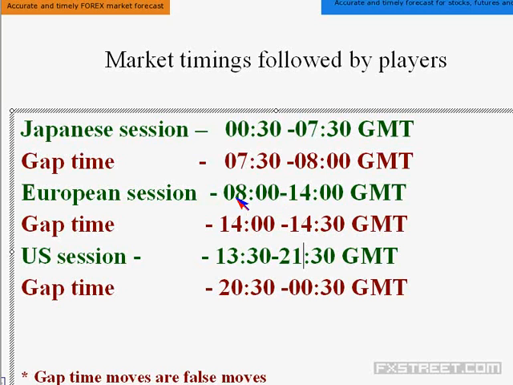Only a 30 minutes variation will be seen from the earlier daylight saving system timings to the standard timing. But the US session will straight away gain 1 hour. So between 14 and 14:30 GMT will be the gap time, and 14:30 to 21:30 will be the US session.